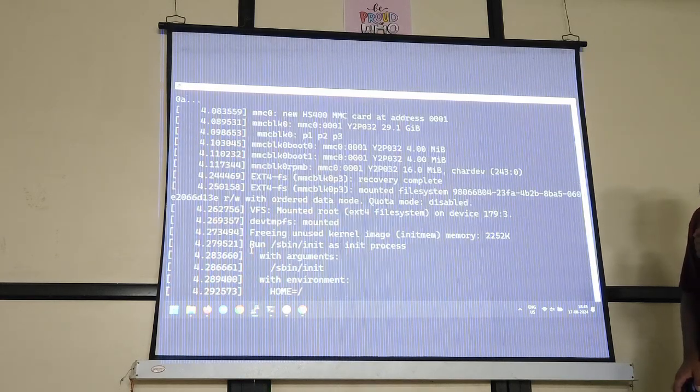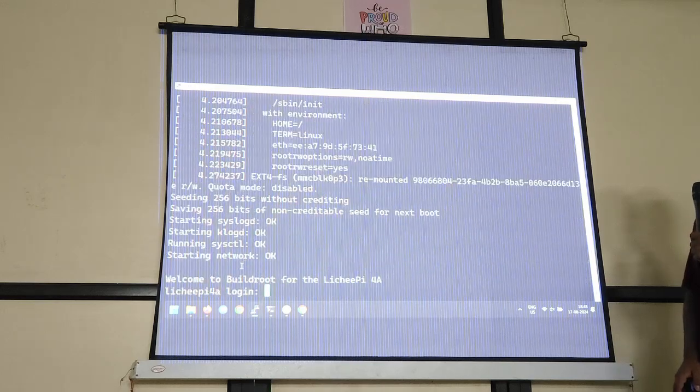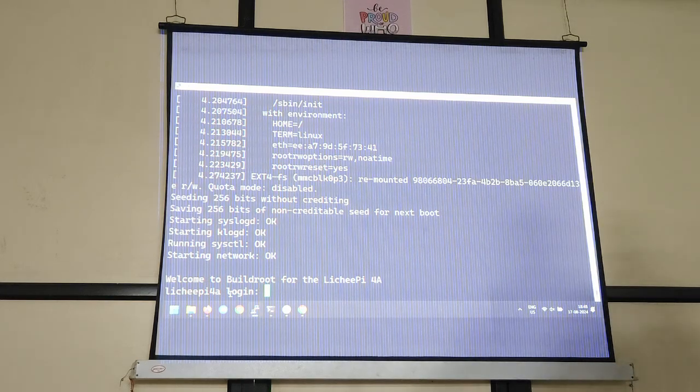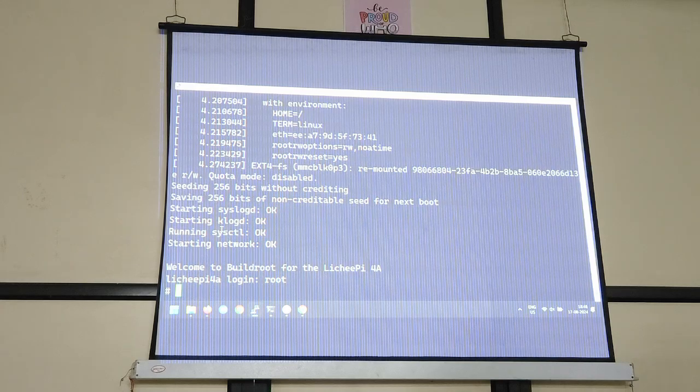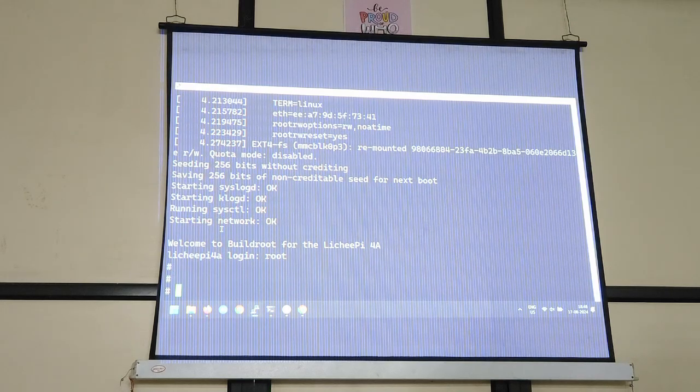Okay, I did multiple restarts here. So after everything is done, working perfectly, it will say welcome to Buildroot for Lichee Pi 4A and Lichee Pi 4A login. Let's try to log into it.